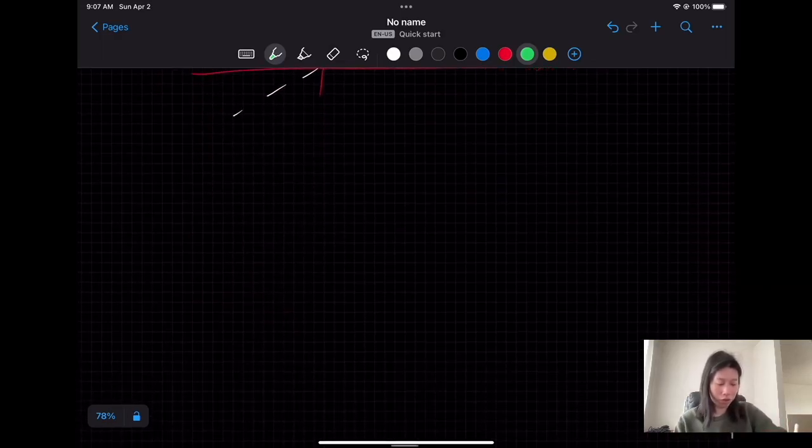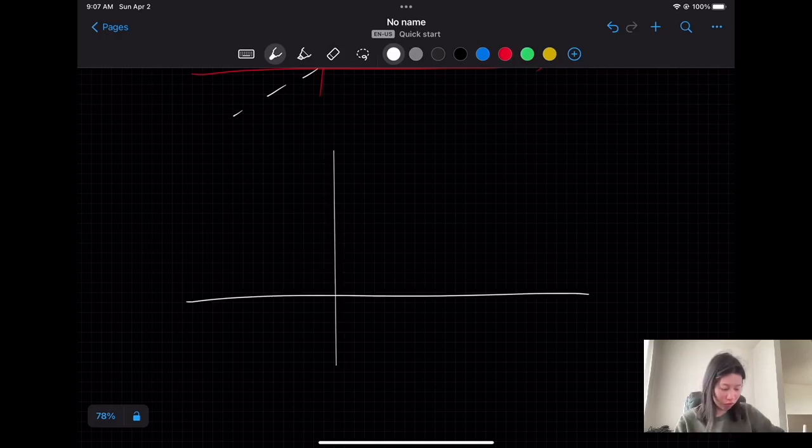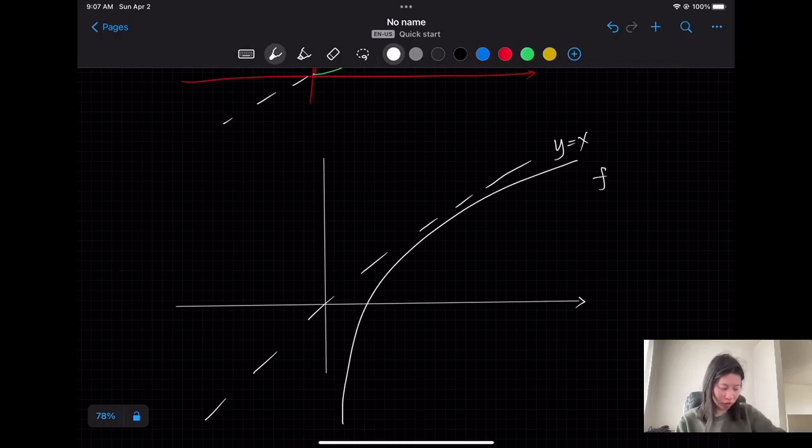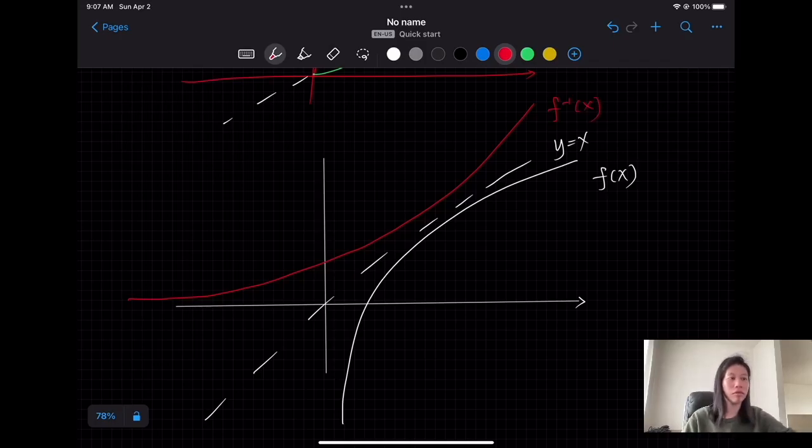Or if you have an original function that looks this way, that's the original function, and your inverse function should be symmetric about y equals x, which is the dashed line in here. So your graph is going to look like this.